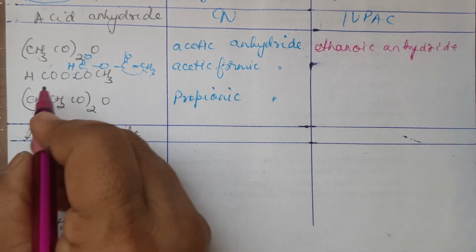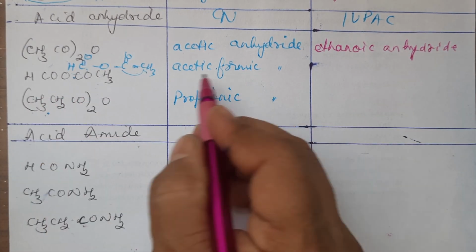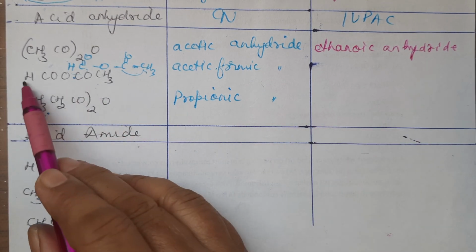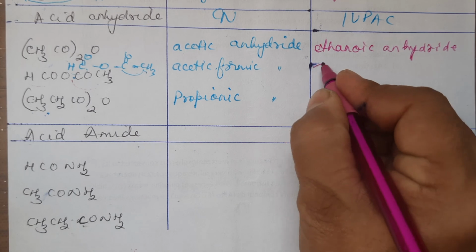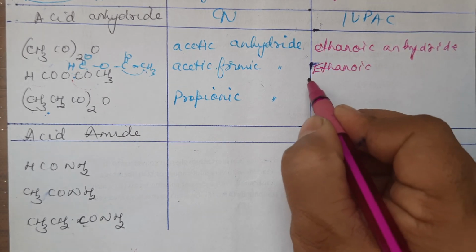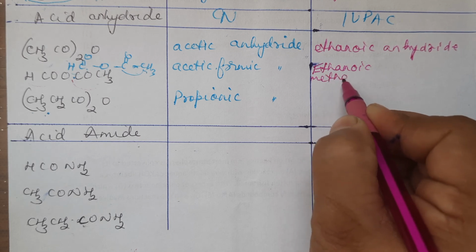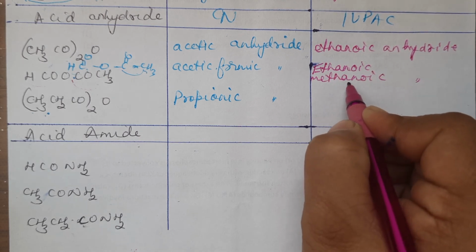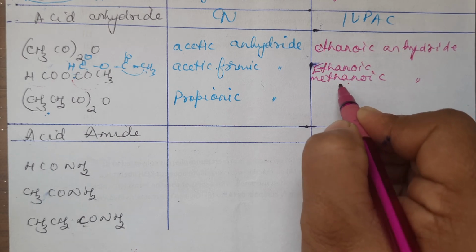If it is obtained from two different acids, you are going to name it twice, putting them in alphabetical order. Methanoic, ethanoic. So the name becomes ethanoic methanoic anhydride, because it is a derivative of two different acids, ethanoic and methanoic.